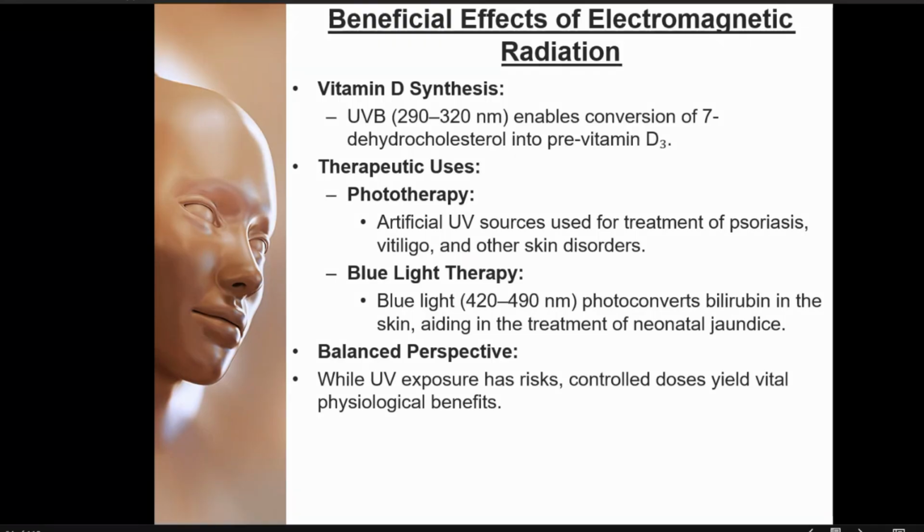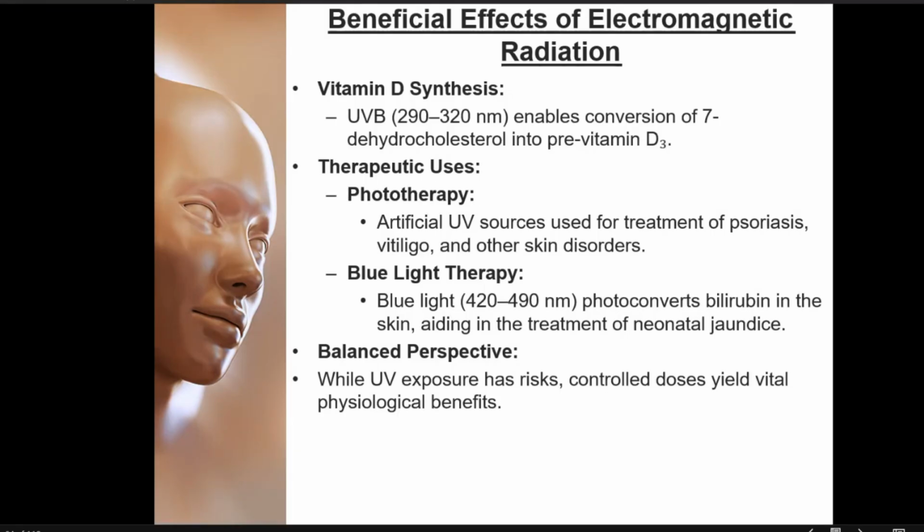In therapeutic phototherapy, an artificial UV source is used for the treatment of psoriasis, vitiligo, and other skin disorders. Blue light therapy, with a 420 to 490 nanometer wavelength, photo-converts the bilirubin in the skin. This is very useful in neonatal jaundice, which is normally present in neonates.